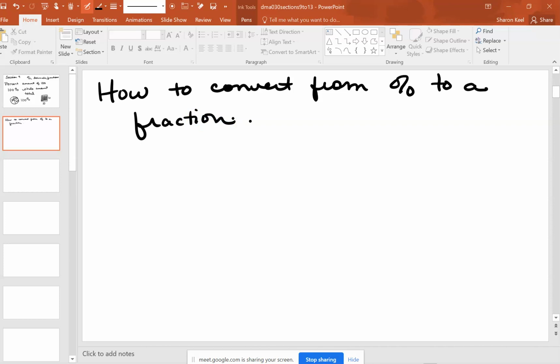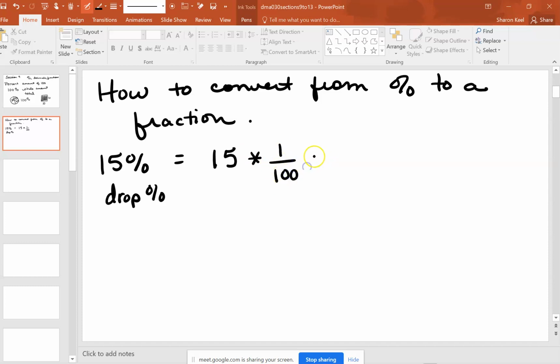So if we were to have, let's say, 15%, and I want to make that a fraction, the first thing I'm going to do is drop the percent sign. So that's going to give me just 15. Then I'm going to multiply by 1 over 100. Now this number times 1 is still going to give me that same number over 100. So in essence, what I have is 15 over 100.